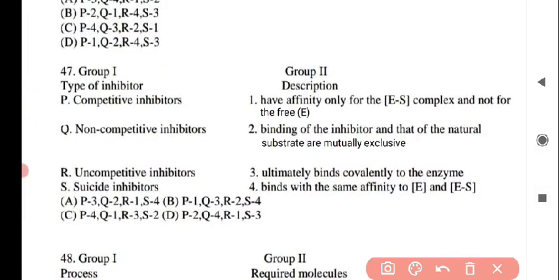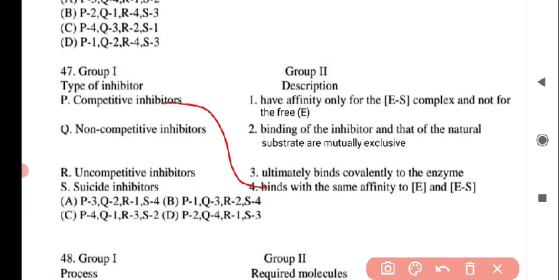Then in the next question, group 1 contains the type of inhibitor and group 2 contains action. For the first inhibitor, that is competitive inhibitors, the correct answer is option number 4. It binds with the same affinity to E and ES complex.